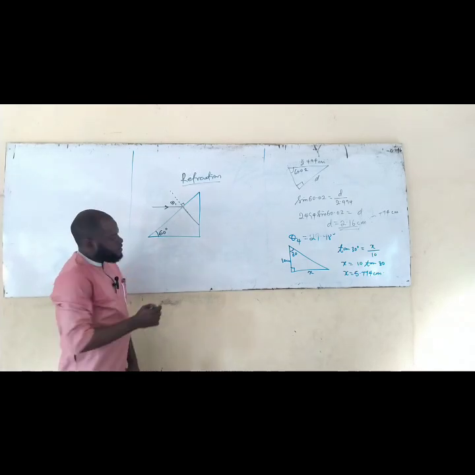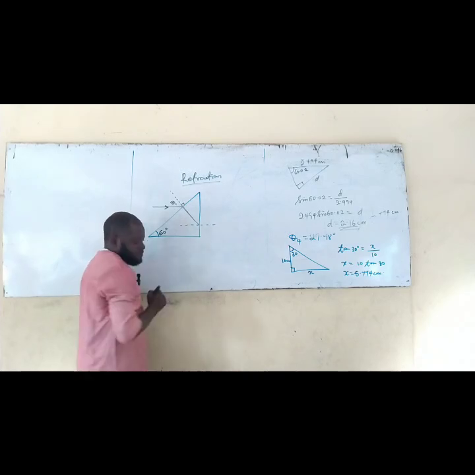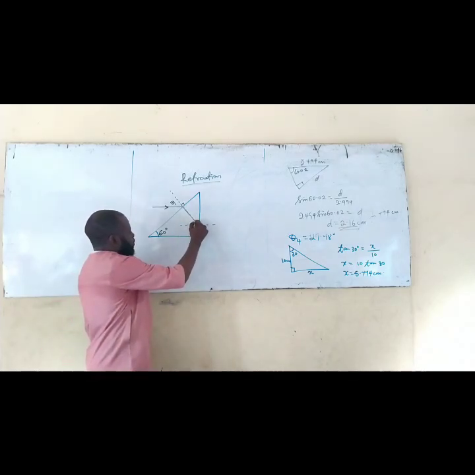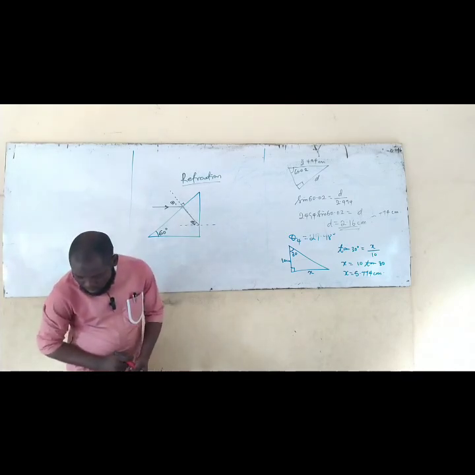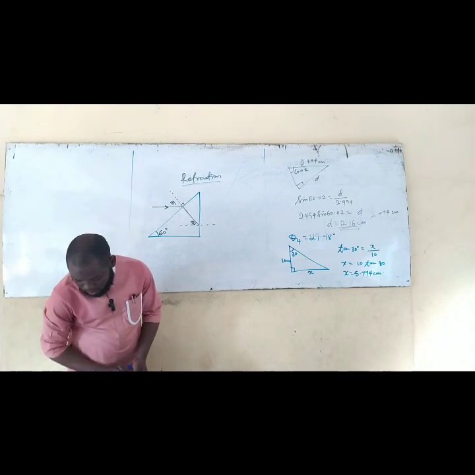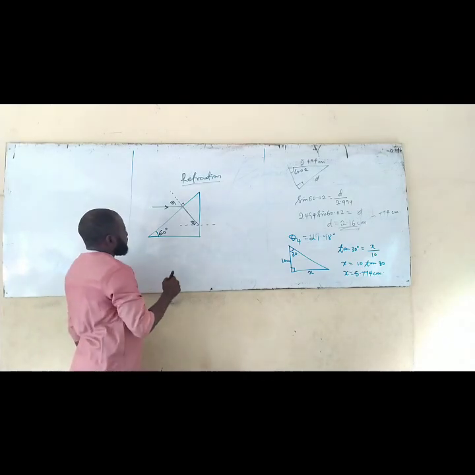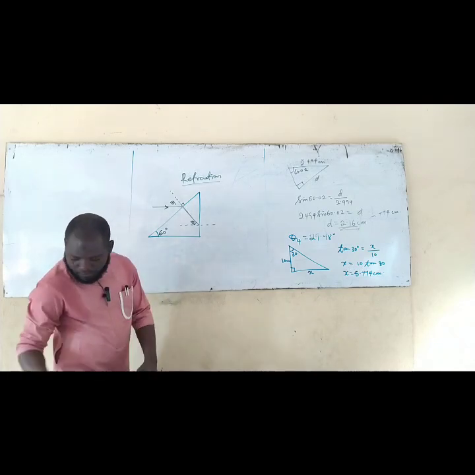When it strikes, I have my normal to be this. Between the normal and this, I have theta 2. I'm not getting the diagram right.